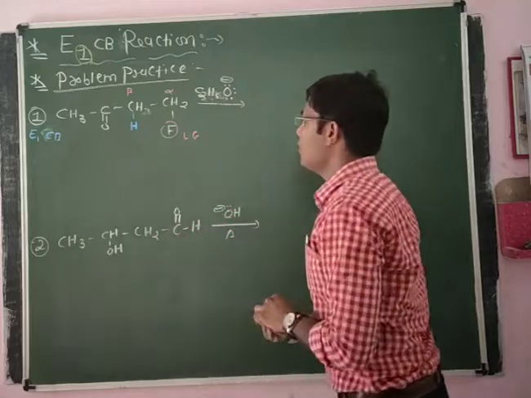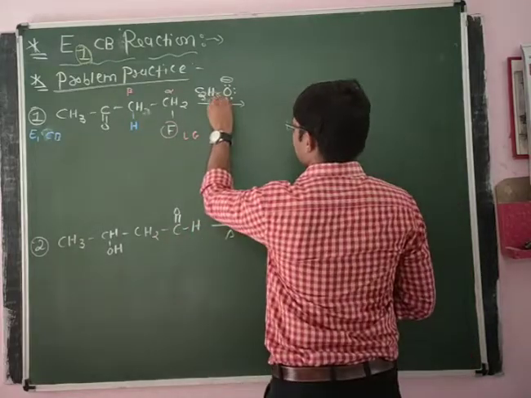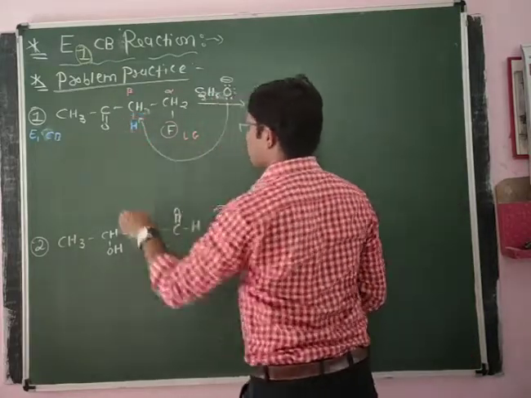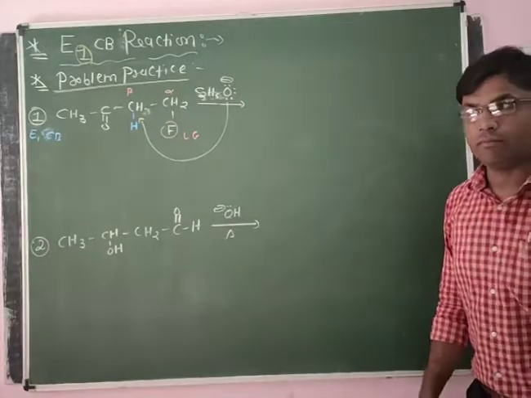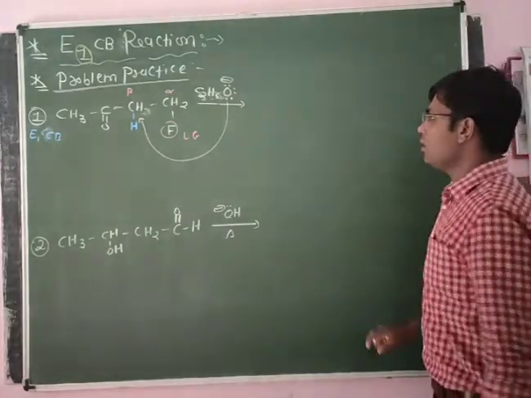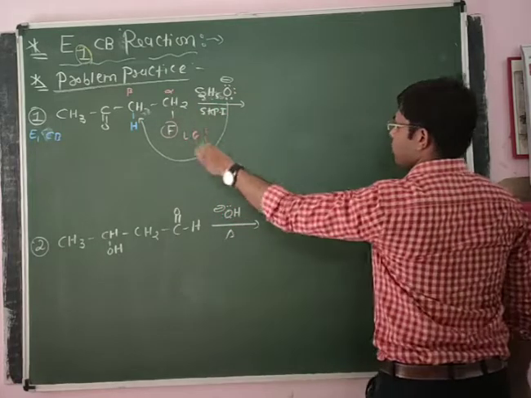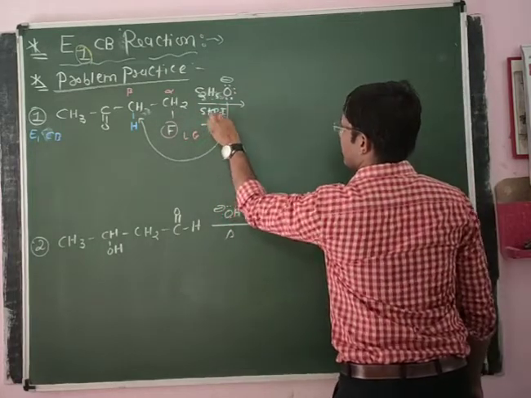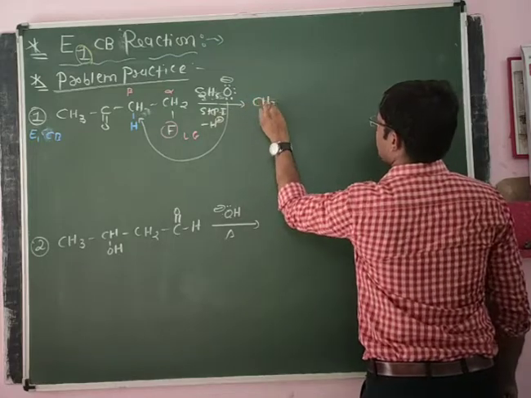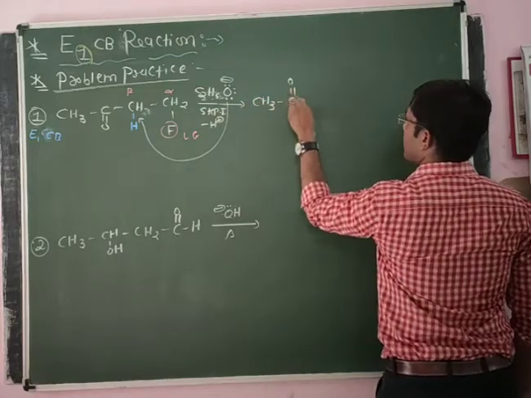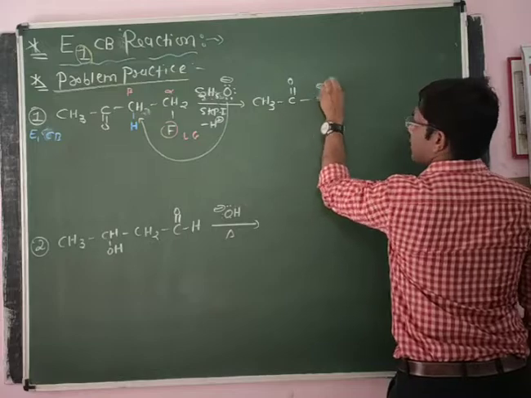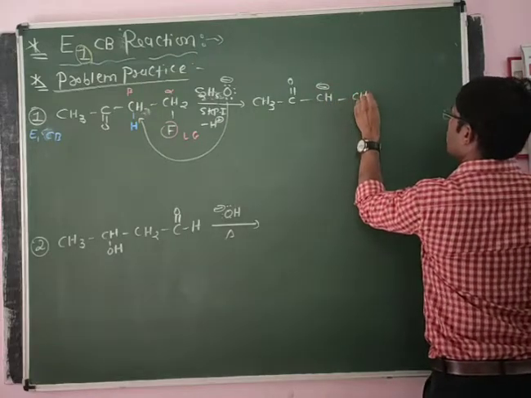Now, in the first step, the base attacks this beta hydrogen, with removal of the proton and formation of the carbanion, CH3, C double bond O, CH minus and CH2F.